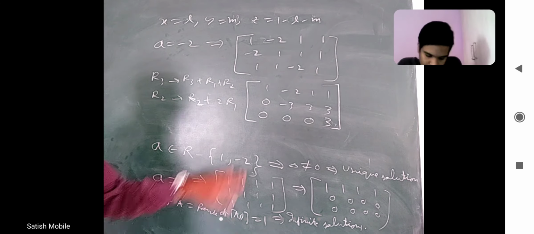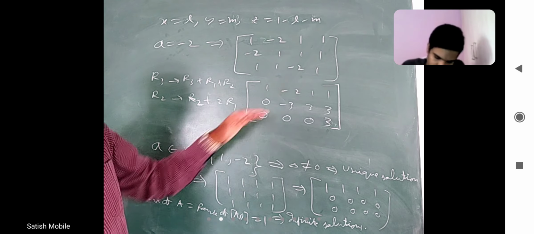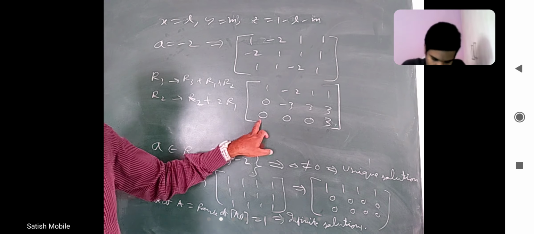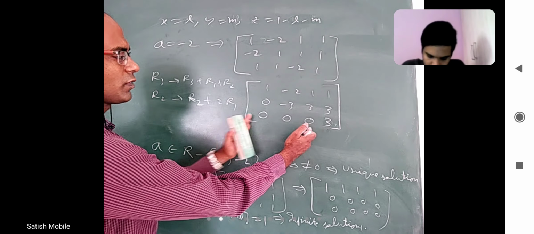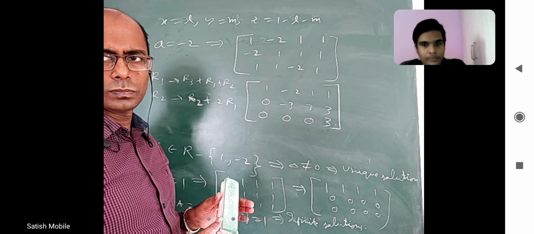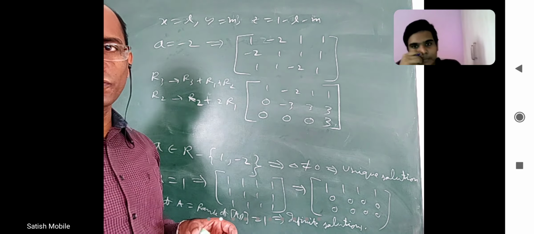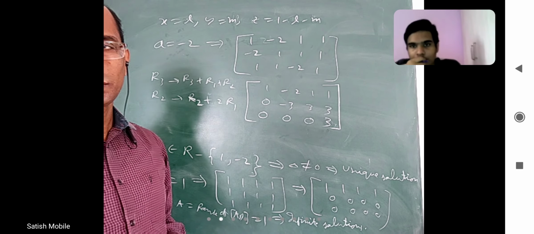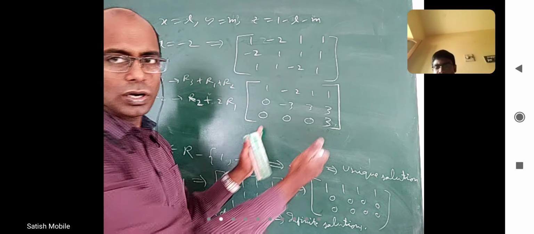I said usually when you get all 4 zeros here, it is infinite solution because one equation is completely gone. But when you get 3 zeros here, this. And according to our rank, what is the rank of the 3 by 3 matrix? 2. And rank of the total 3 by 4 matrix? 3. Because this determinant is 0, but this 3 by 3 determinant is not 0.